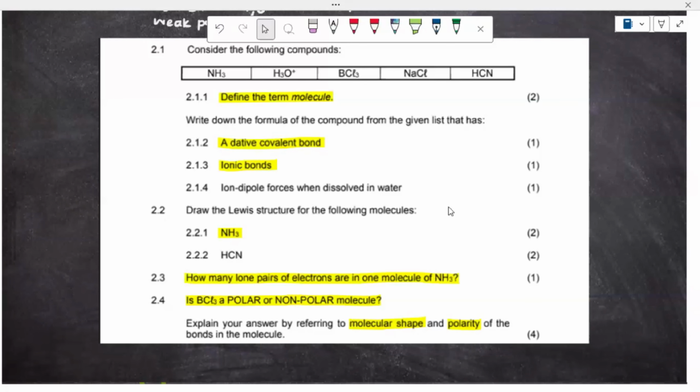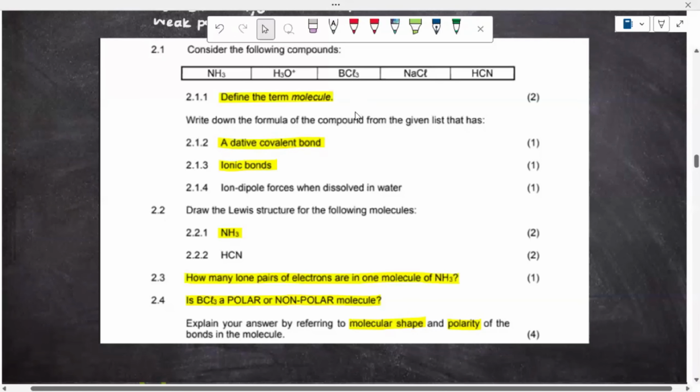So you were right in the sense that we have two or more atoms held together by chemical bonds, but you just had to specify that it's covalent bonds and that now that they're bound, they act as a unit, their own entity, if you will. So well done. Thank you to you two for contributing.